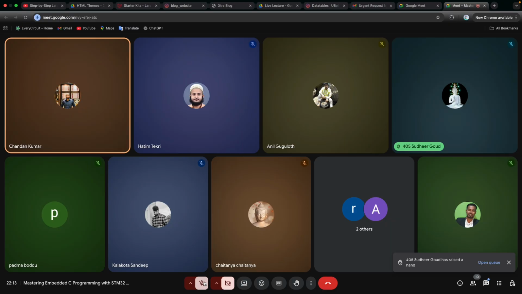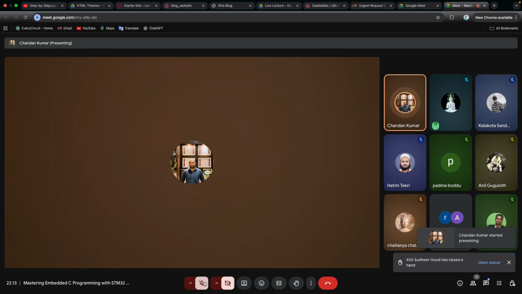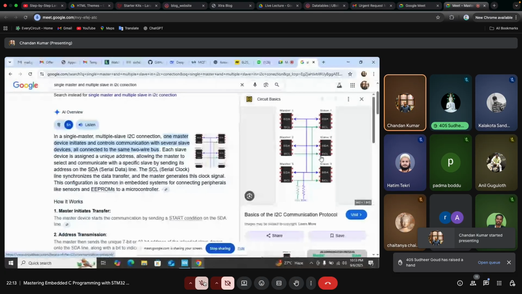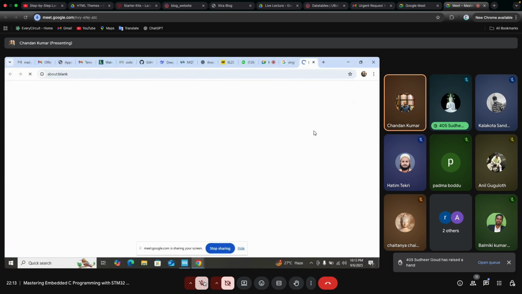So here in this section, you can see this diagram. I'll just open it.